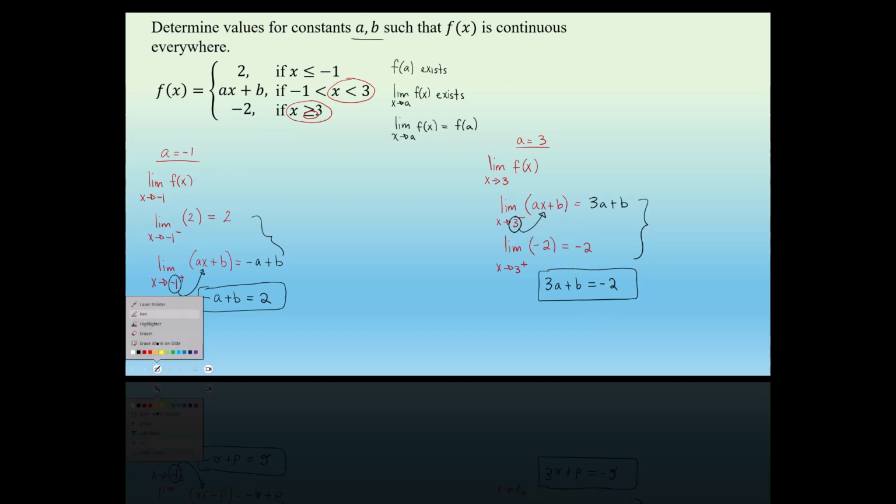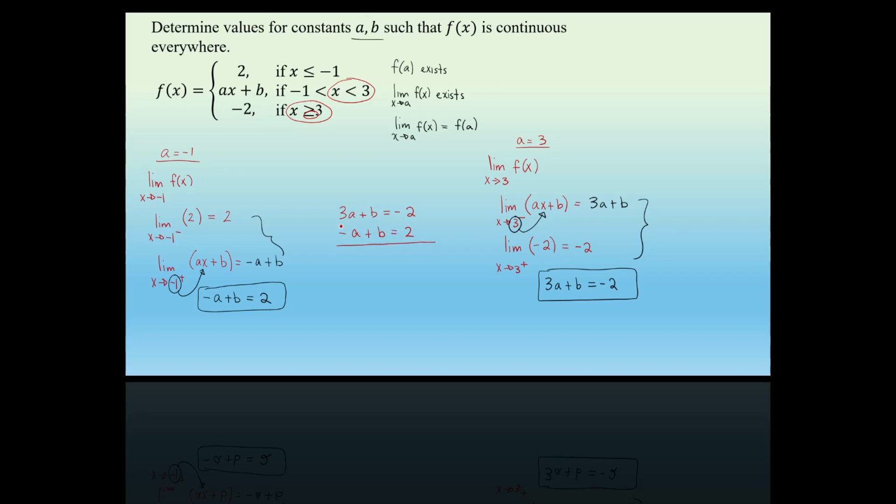Recap, this is a system of equations, so you can solve it using elimination, substitution. You can use the matrix command in your calculator, whatever you're comfortable with. I'll go ahead and use elimination, save a little time. So 3a plus b equals negative 2. And then I'll line up negative a plus b equals 2.